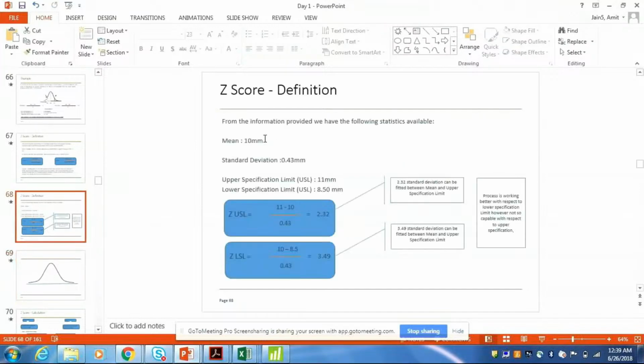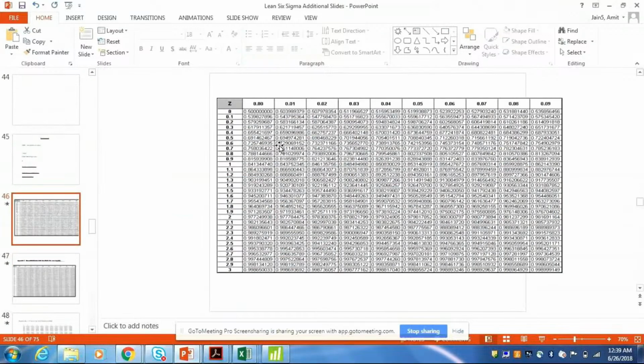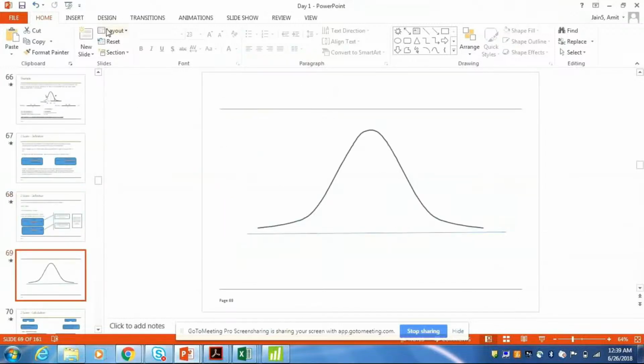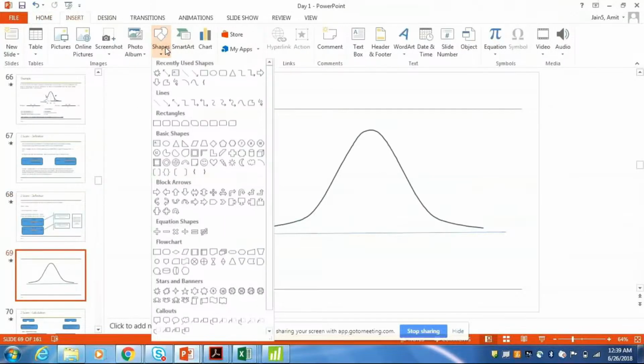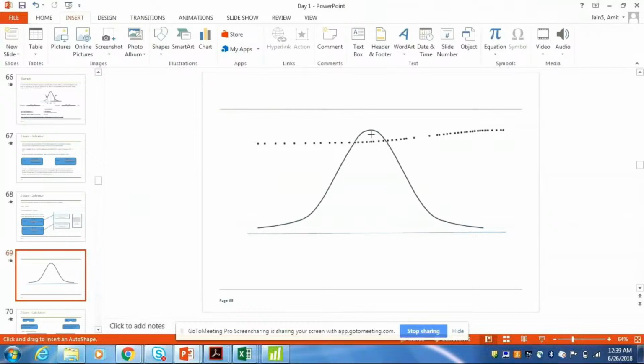Now what we're saying is 10 mm is the mean. So let me just draw the line.